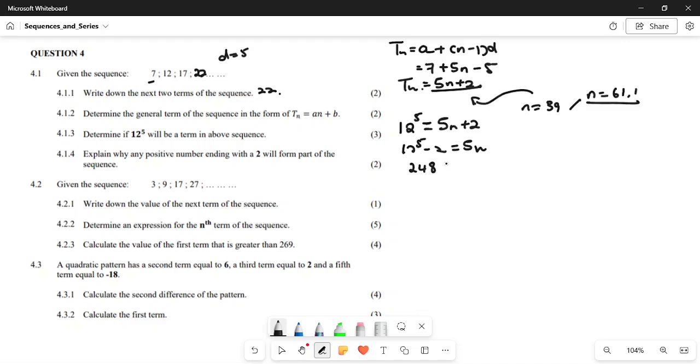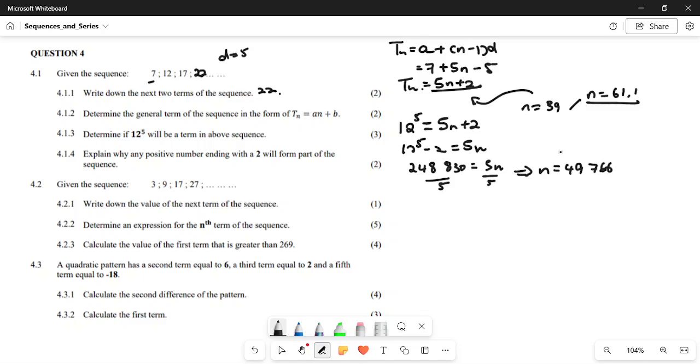248 830 is equal to 5n. Then I'll divide both sides by 5. I'm getting n equals 49 766.